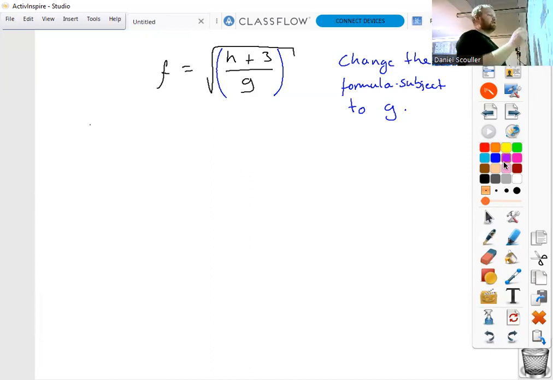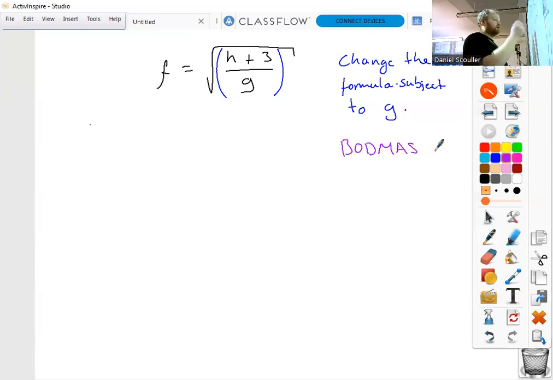Now, when we were doing this in class, I spoke about BODMAS or BIDMAS, and that sort of rings true here as well. This is the order in which we solve equations.